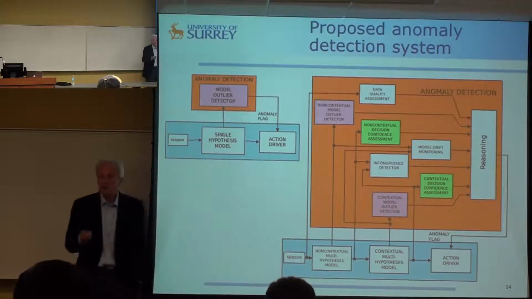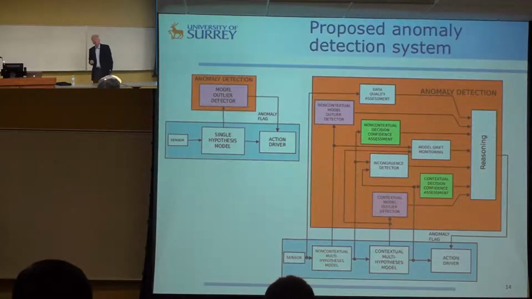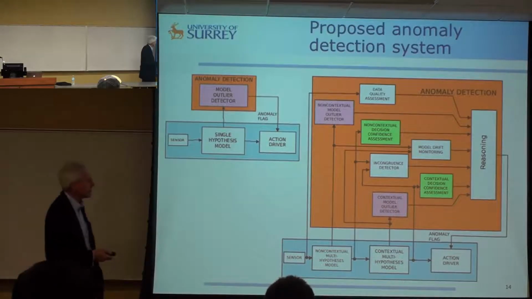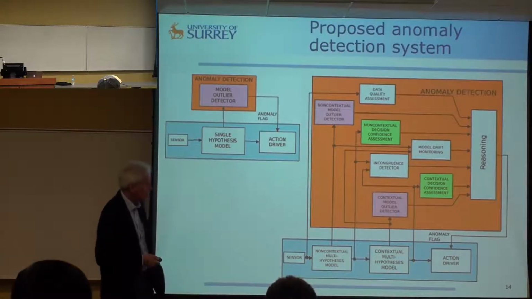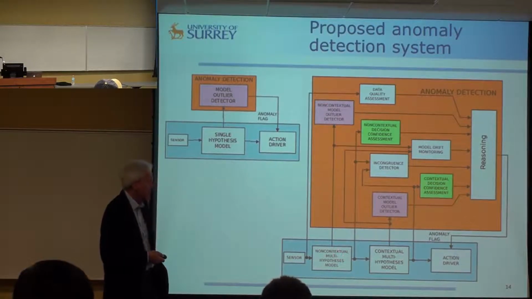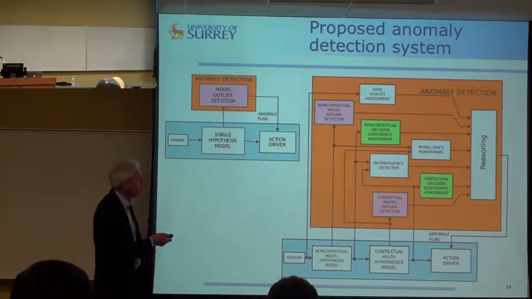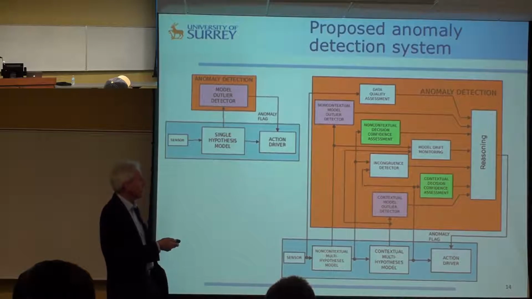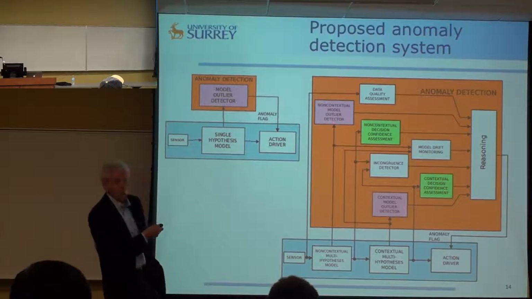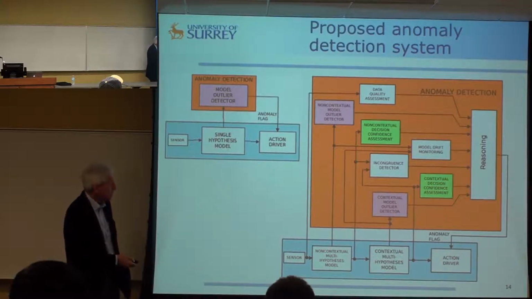You would engage it perhaps only when you have some other symptom of something going wrong, like for instance your incongruence detector, which measures the discrepancy between the support for different hypotheses at the non-contextual level and the support for hypotheses at the contextual level. If that fires, you may then engage these outlier detectors. You need an outlier detector both for non-contextual processes but also for contextual ones.